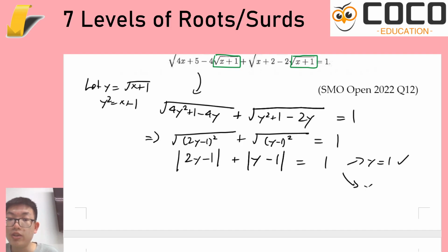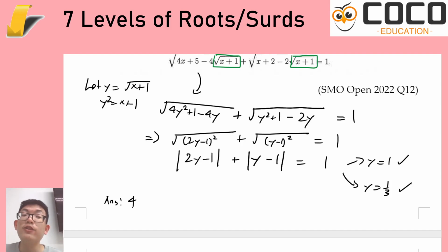You're going to find that there's also y equals to 1/3 that satisfies the equation. And so therefore the answer is not 1, the answer is 4.